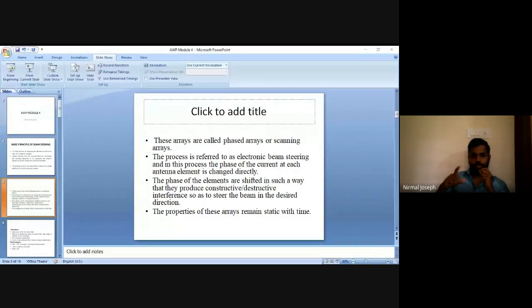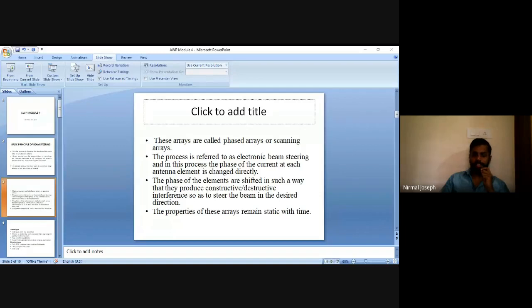So only in one particular direction does the maximum constructive interference take place. By using this property, we can steer the beam by just supplying each and every element with a different phase.